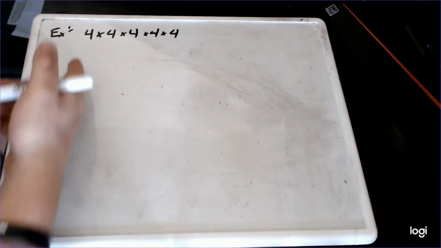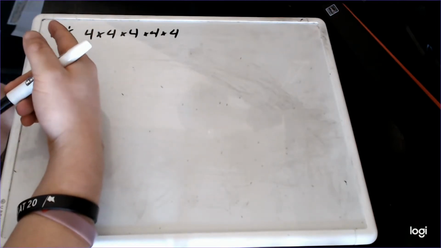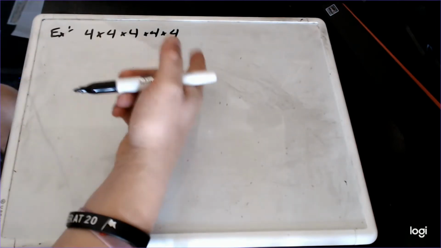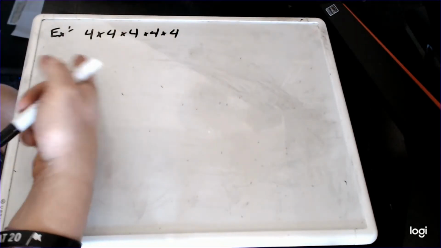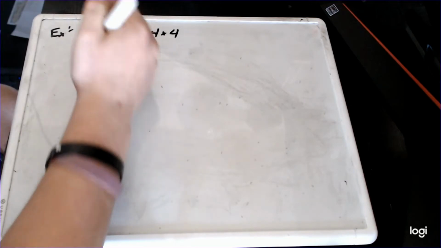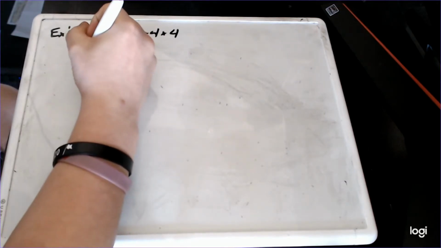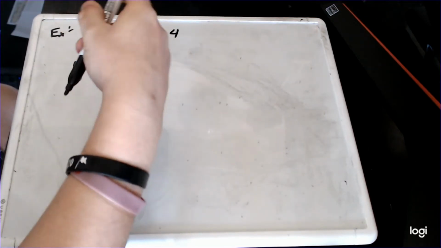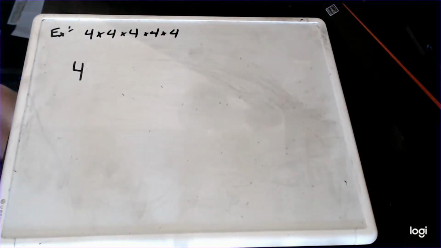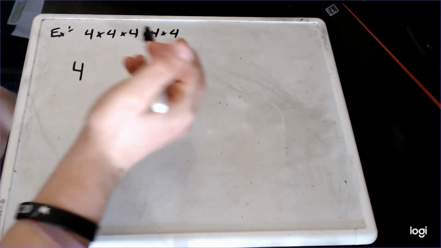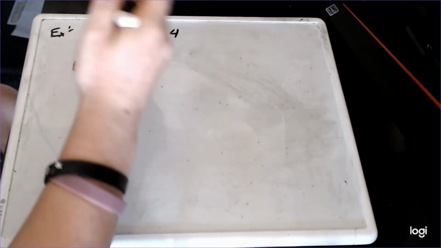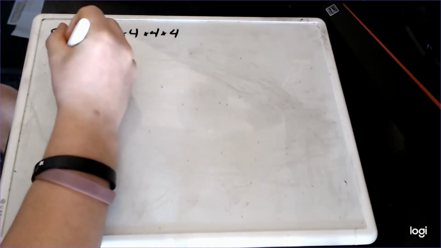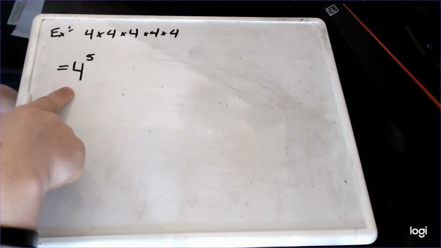Well, the base, if we remember, is the number that is being multiplied. So the number that is being multiplied here is 4. Okay, so we know that the big number has to be 4. And how many times are we multiplying 4? Well, that's 1, 2, 3, 4, 5. So all of that is equivalent to this.